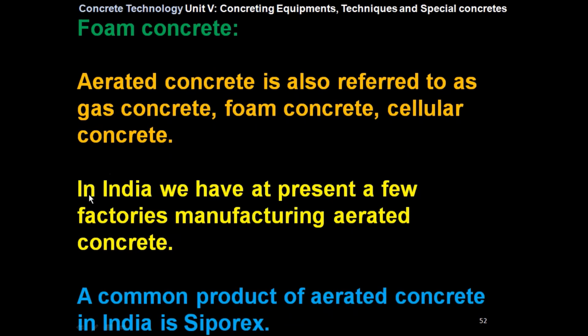In India, we have at present a few factories manufacturing aerated concrete. A common product of aerated concrete in India is C4X. This is the patented product of engineer B.G. Shirke.